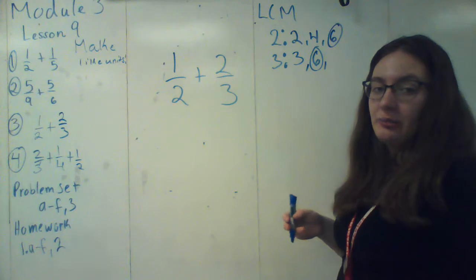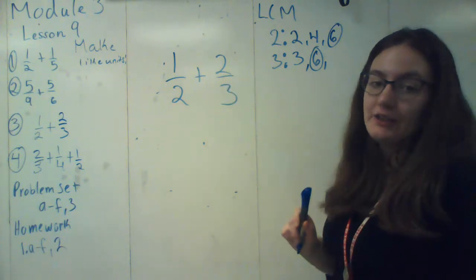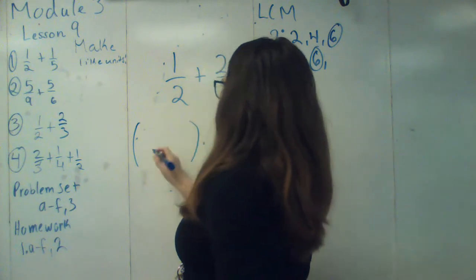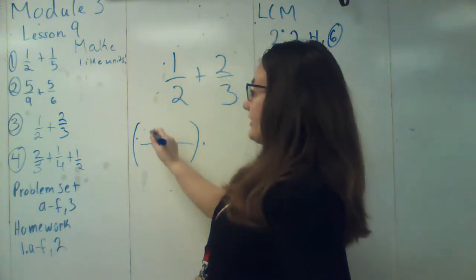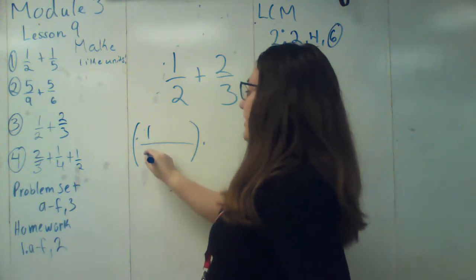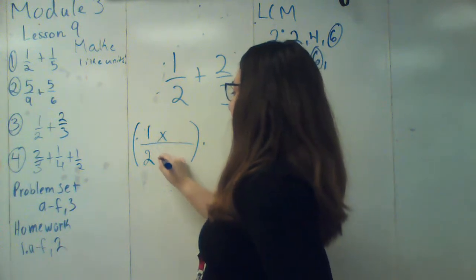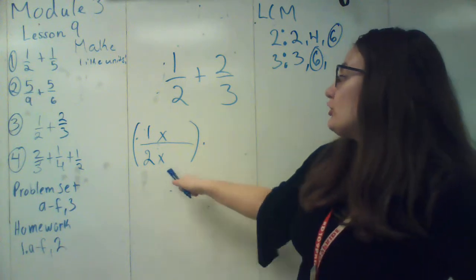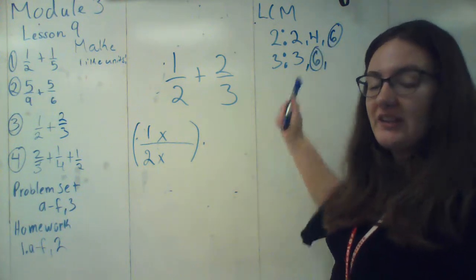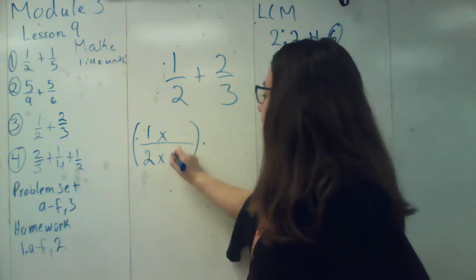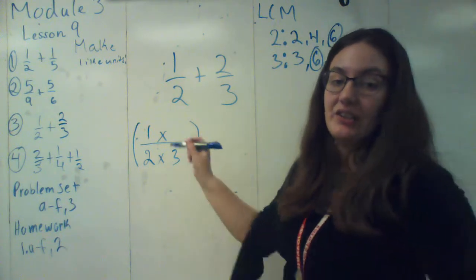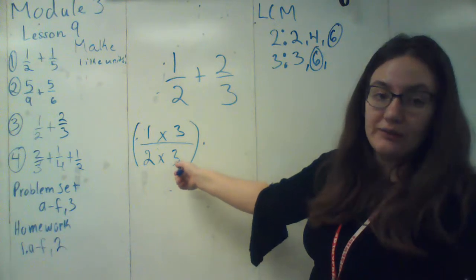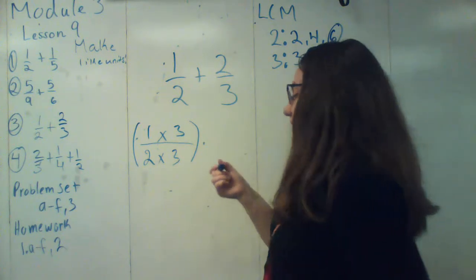I just have to figure out which number I need to multiply both of these fractions by to get to that 6. So I'm going to write my parentheses, my fractions inside them. So I have 1/2 times, and I have to figure out what I need to multiply these by. So 2 times what will equal 6? Well, I know that 2 times 3 will equal 6, and 1 times 3, I have to do that because whatever I do to the bottom, I have to do to the top.